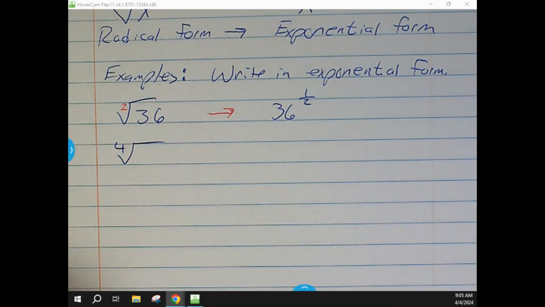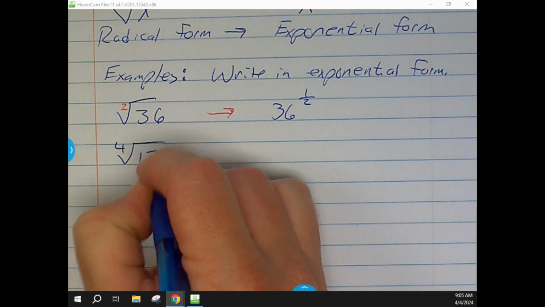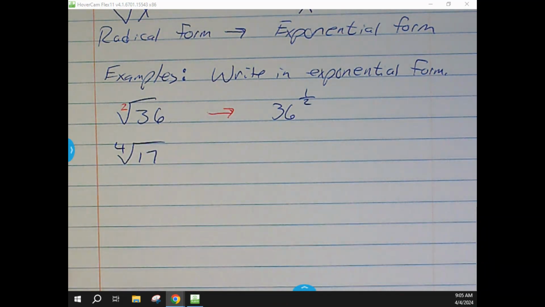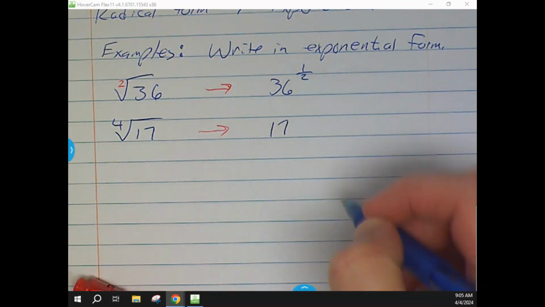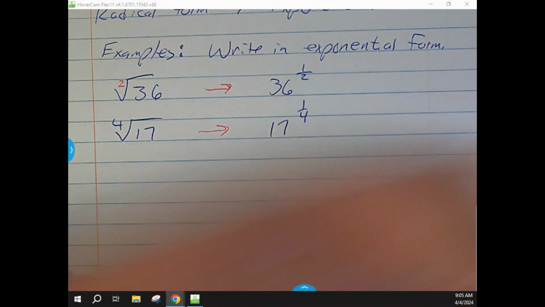If it's the fourth root of 17, again, rewriting it in exponential form, 17 to the 1/4 power.